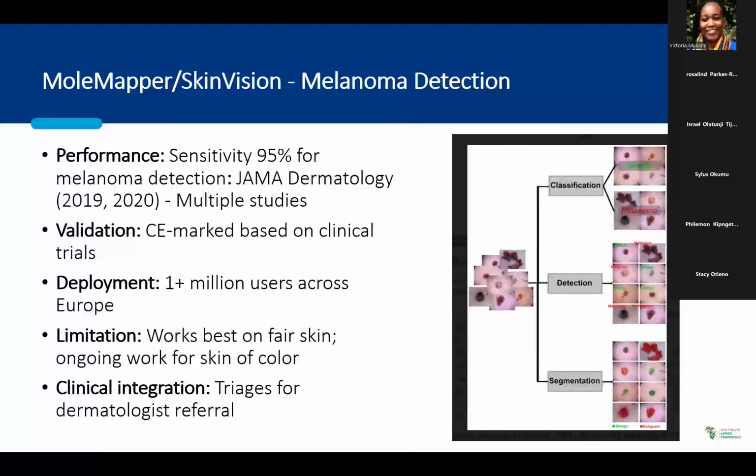So melanomas predominantly affect white skin, which is useful because this problems with this.